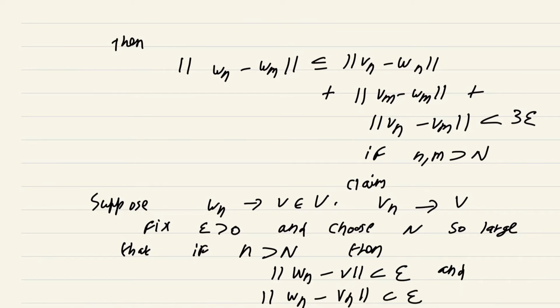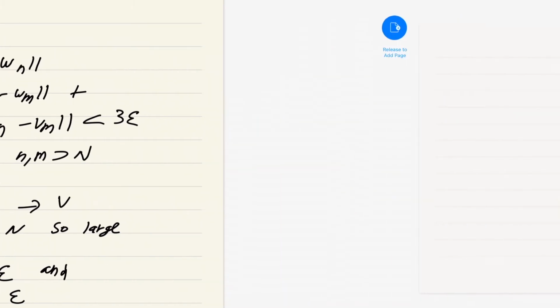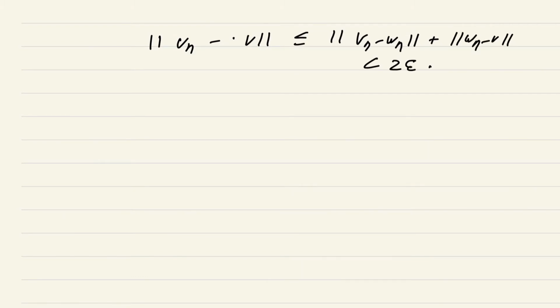Okay. Then it is immediate that norm Vn minus V would be less than or equal to norm Vn minus Wn plus norm Wn minus V, which will be less than 2 epsilon. Okay. So this completes the proof.